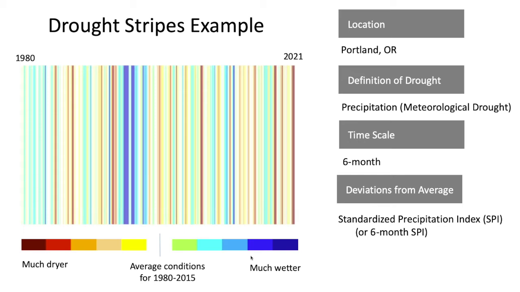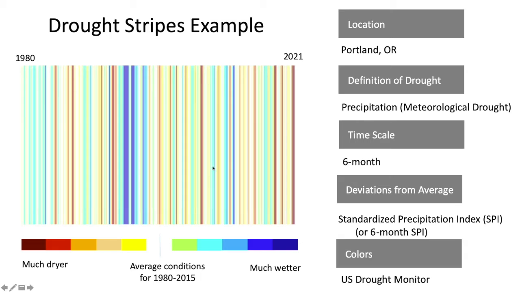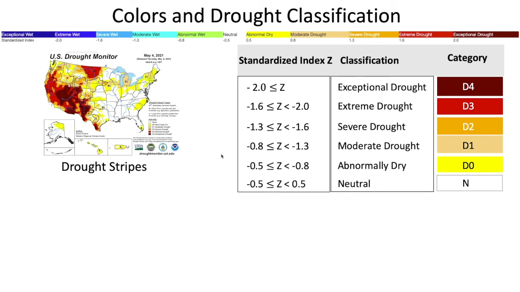And then finally, for the drought stripes here, we choose the colors of the stripes, and we're actually choosing them to be consistent with the very well-known US Drought Monitor. Specifically, we use the same categories as the US Drought Monitor to map the standardized indices, the z-scores here, to colors and drought categories.